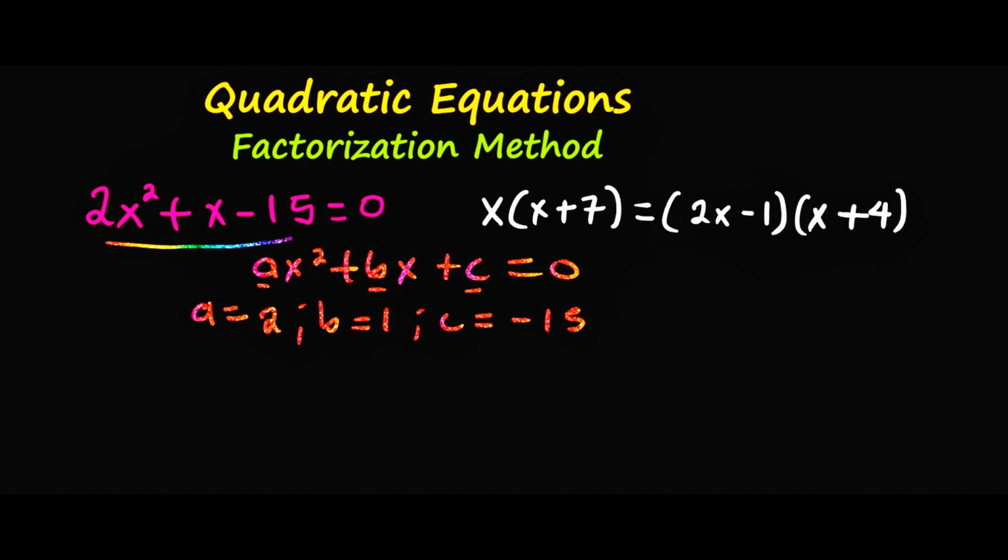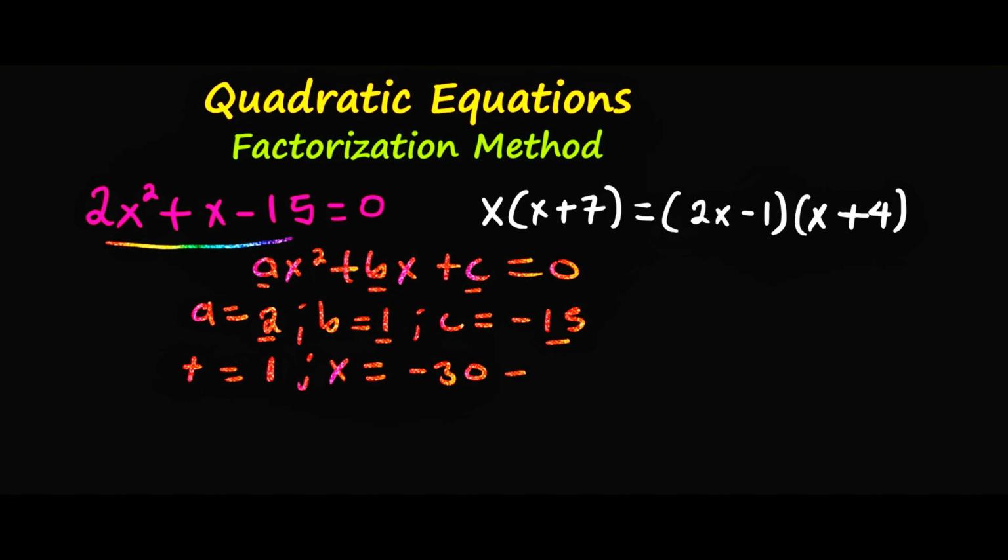In our case, you're going to look for two numbers that you add and get b, that is 1. And when you multiply these two numbers, you get 2 times negative 15, that is negative 30. The best way to get this is to look at the terms that you multiply to get negative 30.